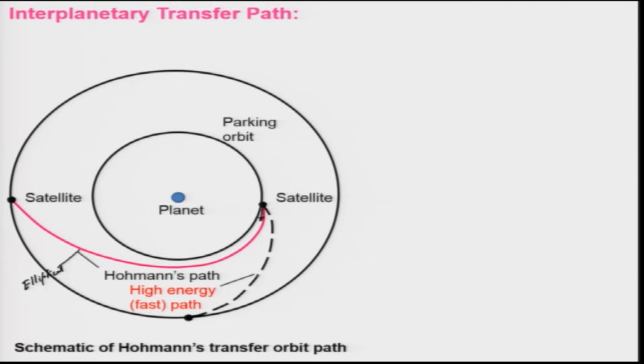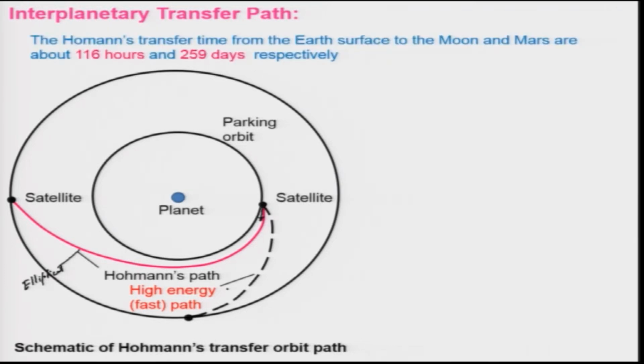In practice people do use it, but it requires a large amount of energy to be with the rocket vehicle. If one wants to use the Hohmann transfer orbit, then the time required to travel from the Earth's surface to the moon will be around 116 hours.